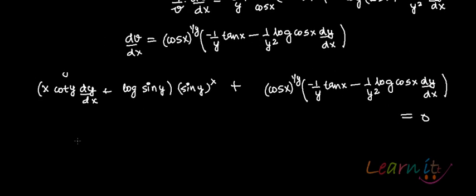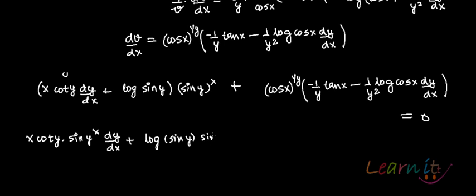Okay, just taking up all the like terms together, which is x cot y sin y to the power x dy by dx plus log sin y into sin y to the power x, and this will be minus, I guess, here.